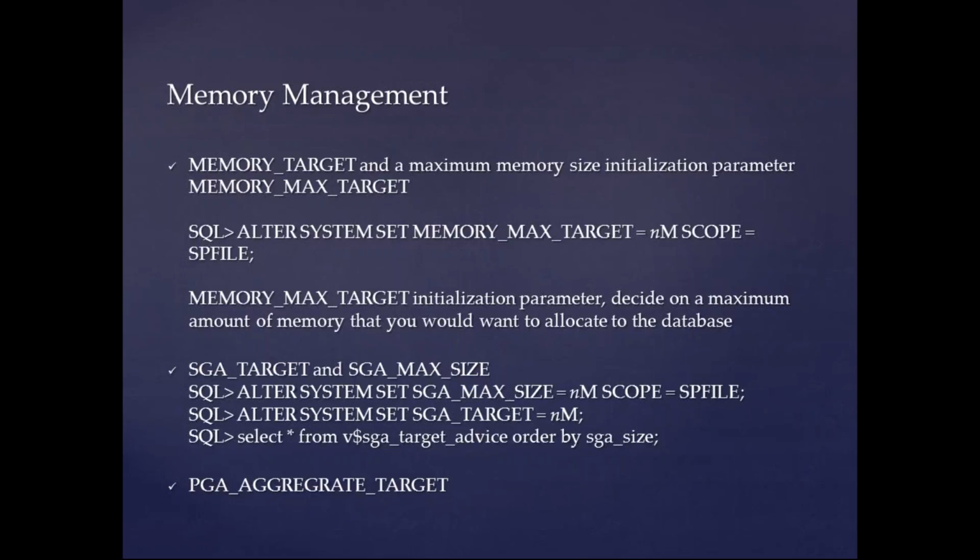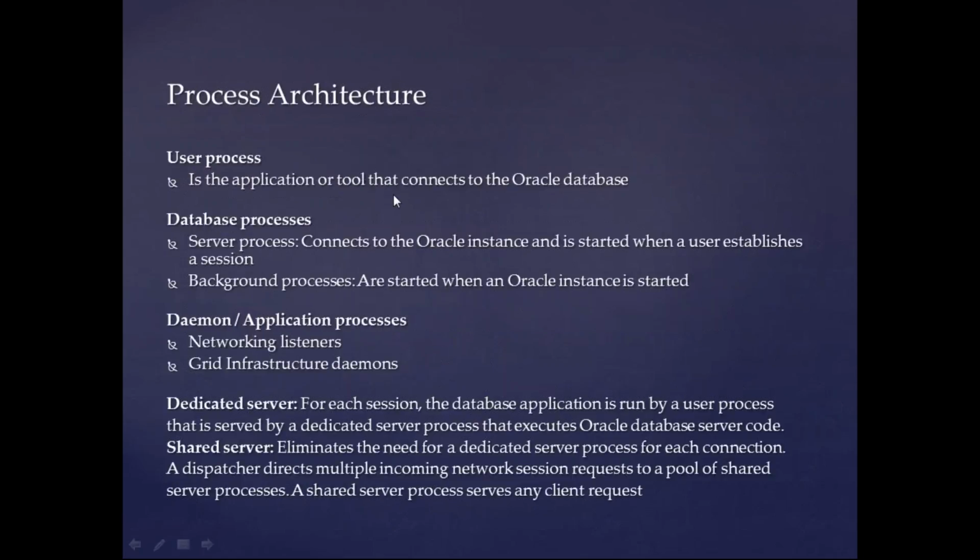So we have bandwidth to increase it anytime during runtime. But if we want to change the PGA parameter, we need to restart our system. So we don't have an upper or lower limit there, while for SGA we have an upper limit, that is SGA max size.